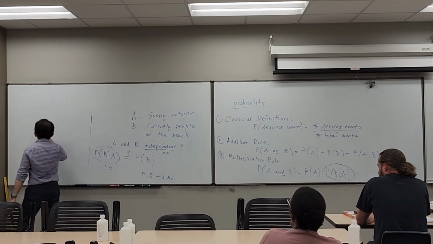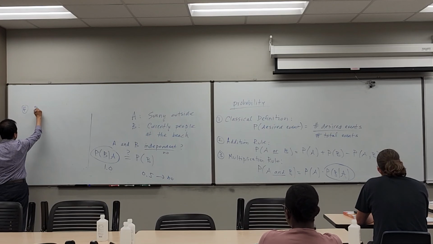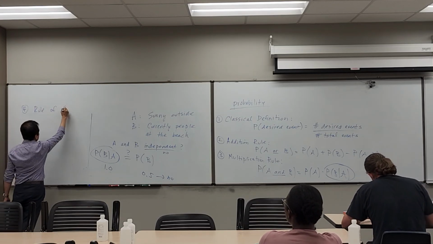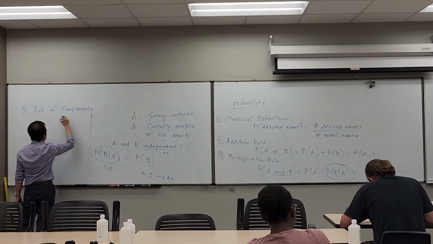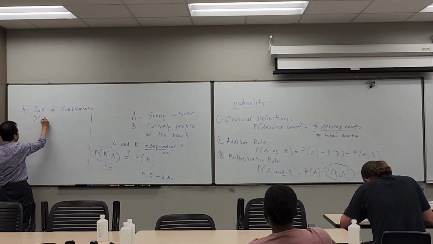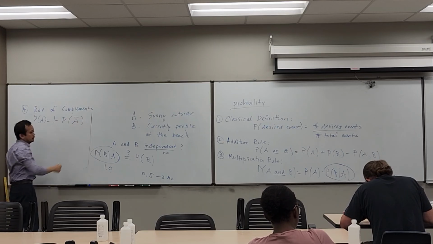So, next rule we talked about was the rule of complements, where the probability of a desired event is 1 minus the probability of its complement.